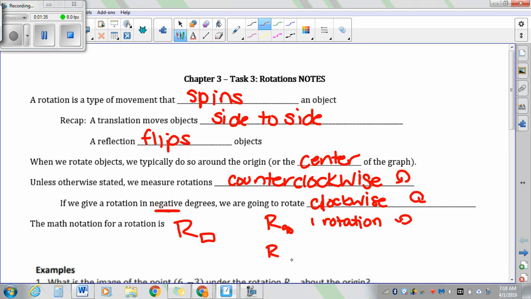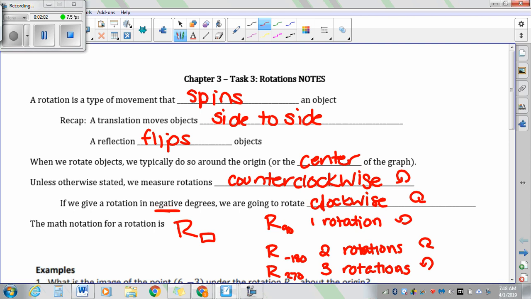Something like R negative 180 would be two rotations, and because it's negative, that would go clockwise. You also have something like R270, which would be three rotations. And 270 is positive, so that would go counterclockwise.